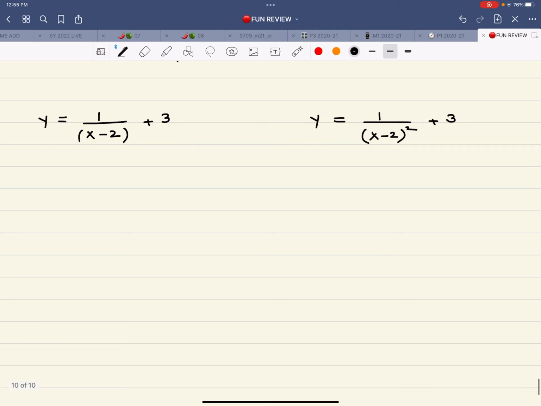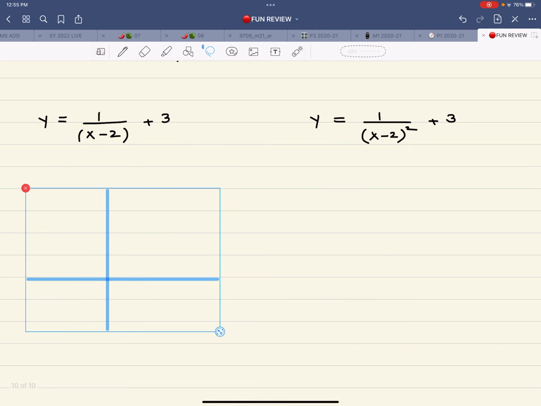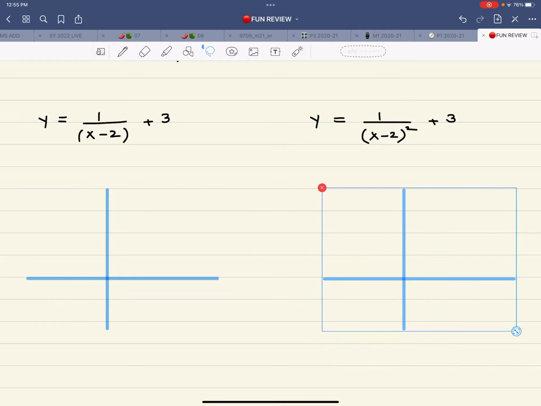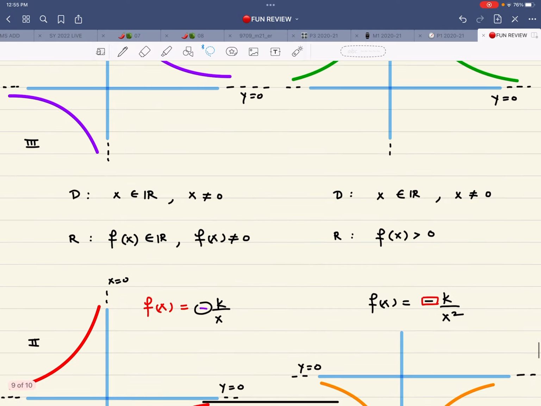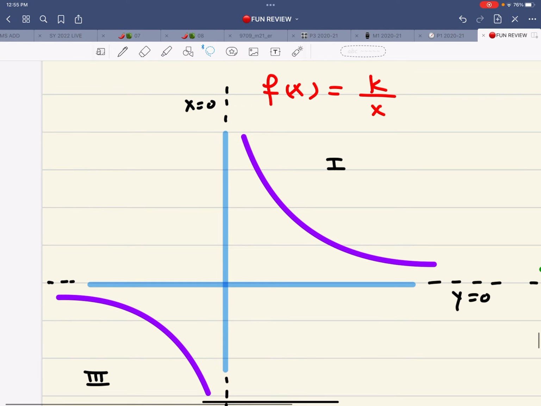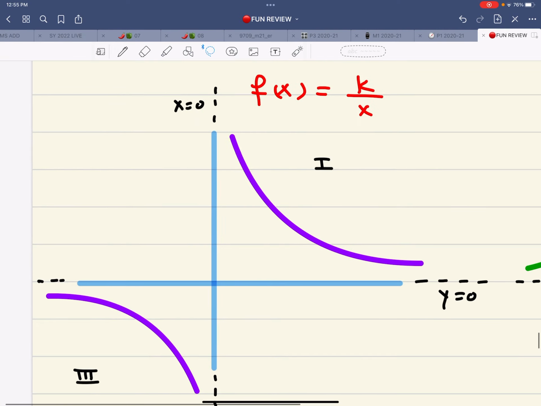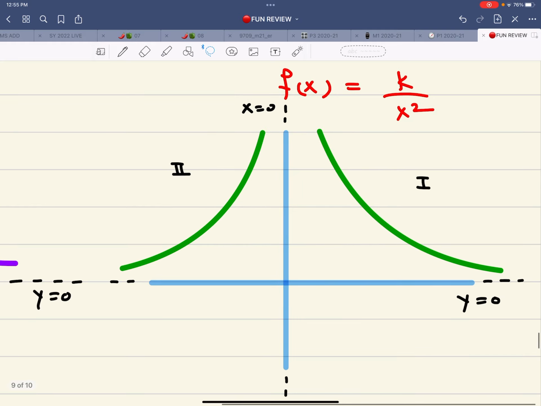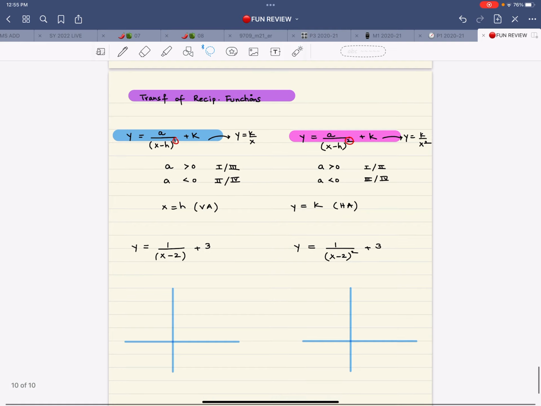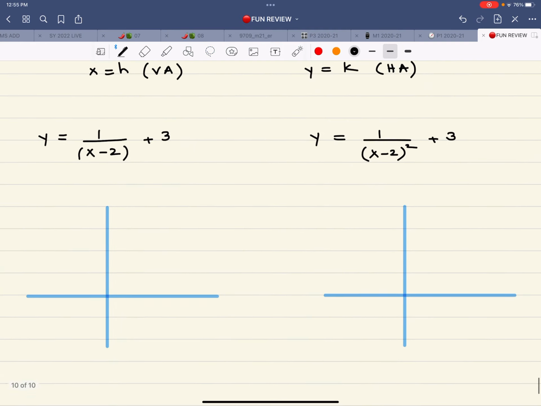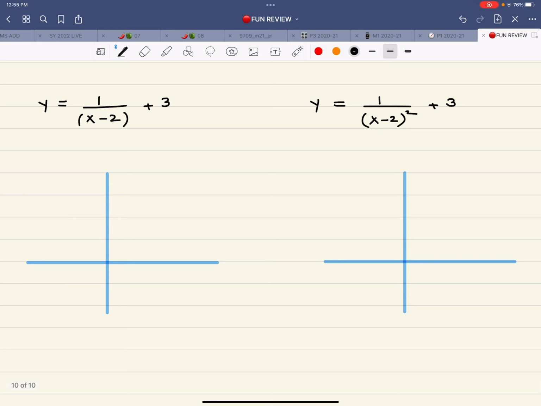The first one is similar to the original one, like this, because the value of a is positive, and the second one is similar to this. That's the first thing. It's only shifted to the sides. So in this scenario, 1 over x minus 2, first of all, focus on this 2.